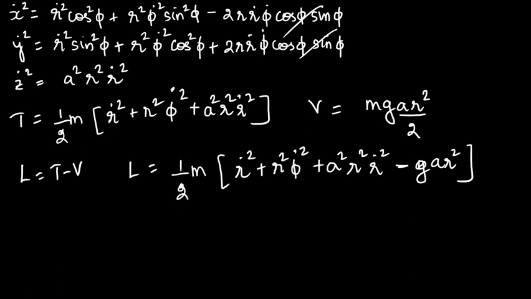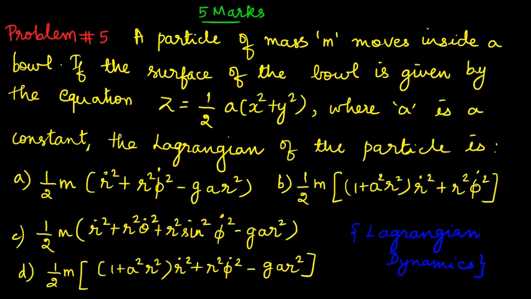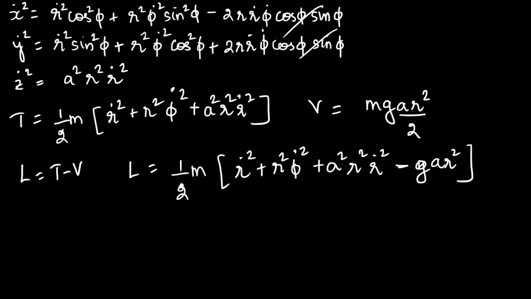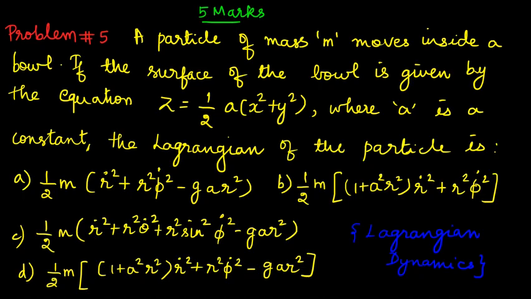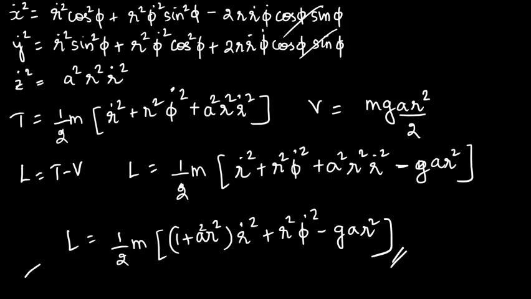So in order to get the same answer as in my options, I'm going to write my L as half m into 1 plus a square r square into r dot square plus r square phi dot square minus g a r square. This is my Lagrangian, which is equal to my option D. So this is an easy 5-mark question.